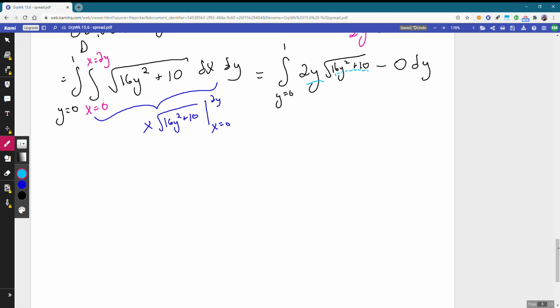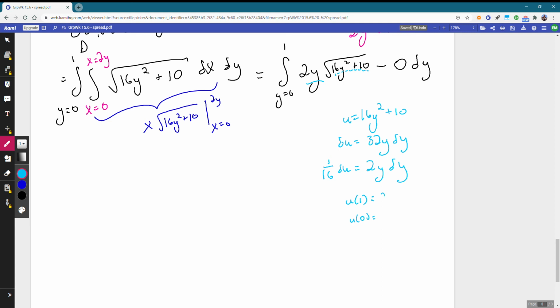All right, let's work through it. Our u is 16y squared plus 10, so du is 32y dy. We like the y, but we just want 2, and so let's divide this by 16. And let's also figure out our new limits while we're at it. Plugging in our old limits to get our u limits. Plugging 1 into our function, we'll get 16 times 1 squared plus 10.